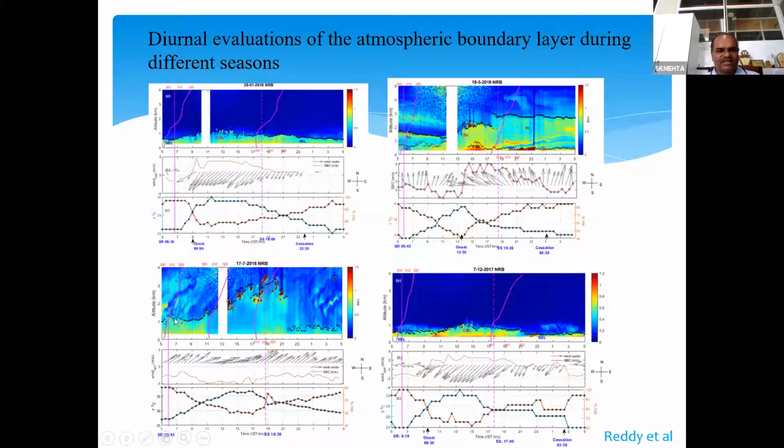You can see we have the SBL, and then it is very difficult to find the CBL height. So then you have the cloud boundary layer also, this kind of cloud occurring at the boundary layer.